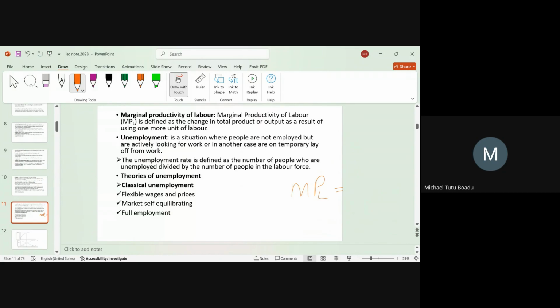But we want to recap them so that we can apply them in whatever we want to do. So the marginal product of labor is how changes in your total output, you know it to be this: change in KO over change in L. I hope you remember this.